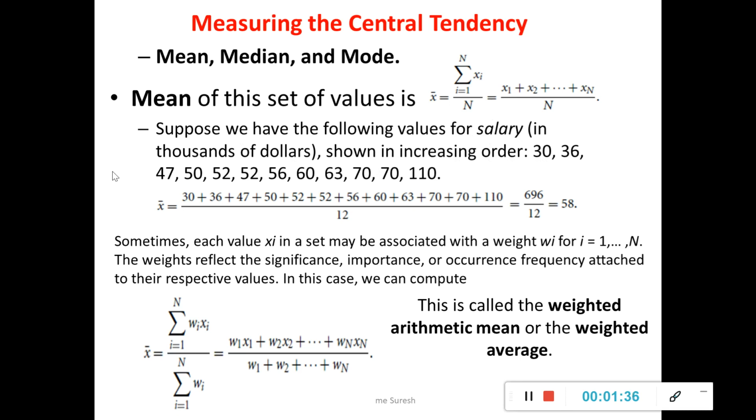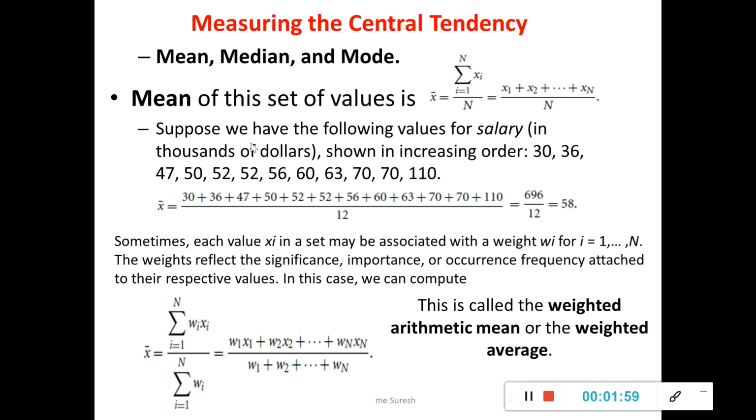It is the summation of all the instances divided by the number of instances. If I get the sum of all the instances, the value is 696, and the number of observations is 12. That means there are 12 salary values for 12 people, so I divide by 12, and I get 58,000 as the average salary or the mean value.